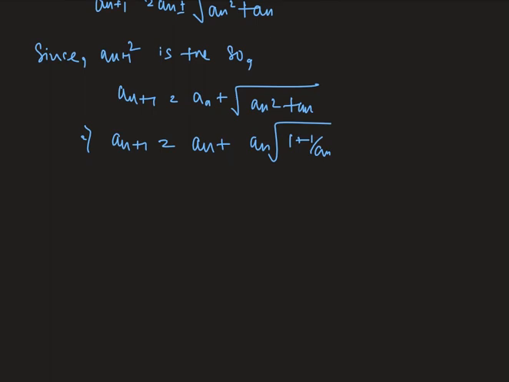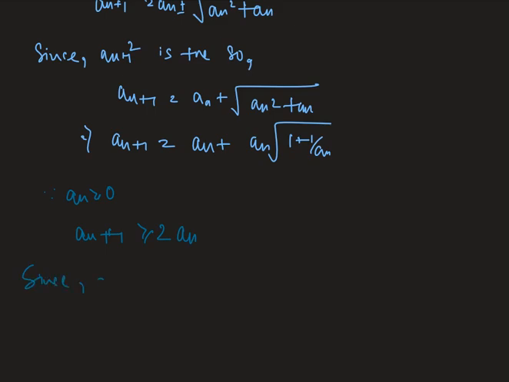Now since a_n is greater than or equal to 0, we can write that a_{n+1} is greater than or equal to 2a_n.